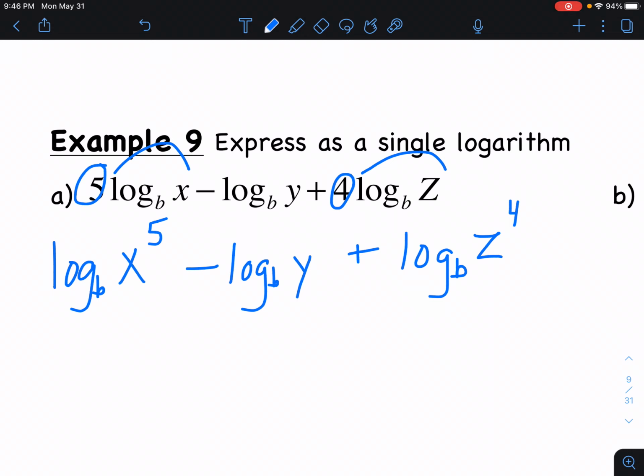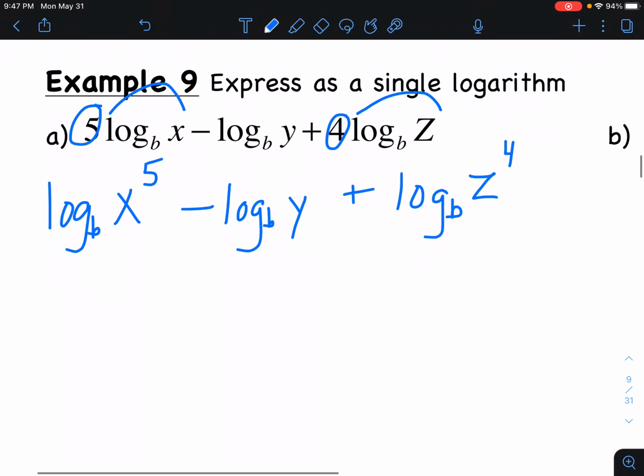Now we want to express it as a single log, so let's condense it. So anything that has a positive belongs in the numerator. Anything that's a negative in front, we need to make a fraction and put in the denominator. So they all have log base b, so let's put log base b.